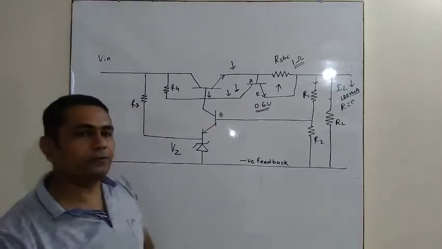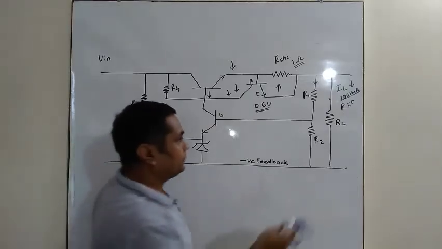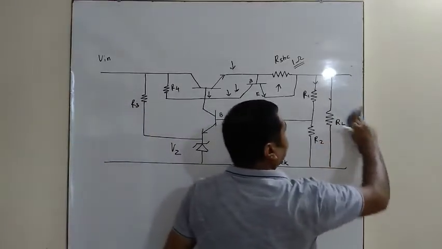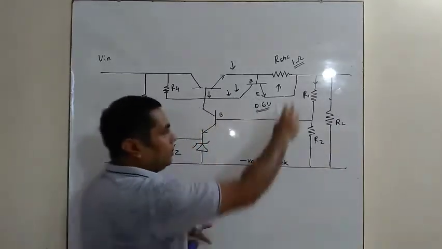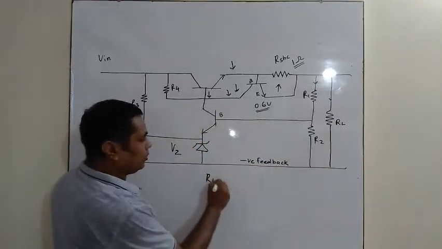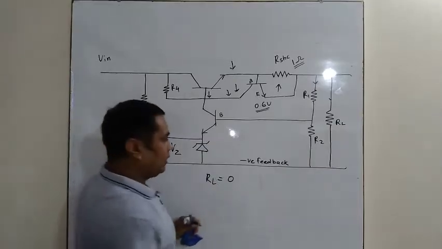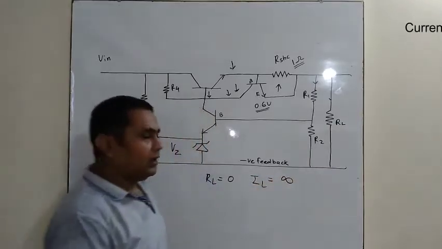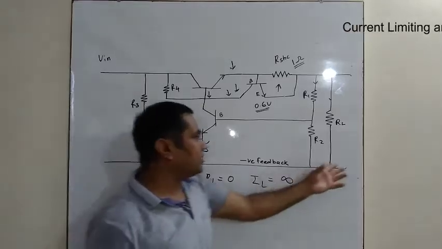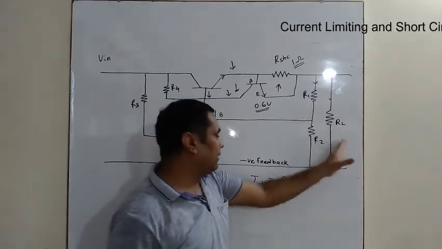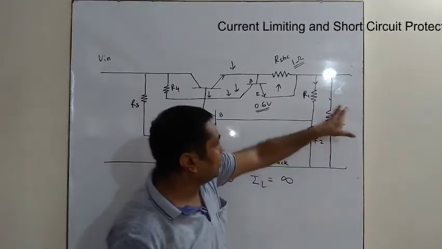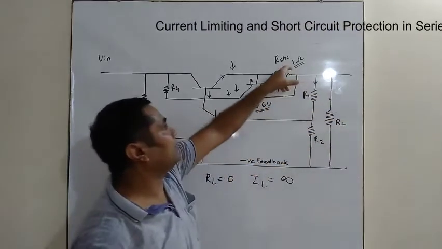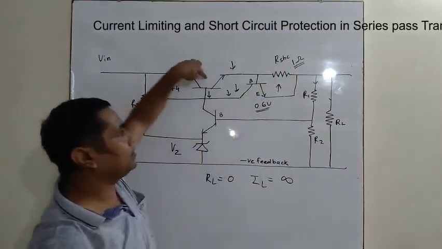Now the second thing: if a short circuit occurs, what will happen? If there is a short circuit, then the load resistance will become 0 and it will increase the current up to infinity. At the moment when the short circuit happens, the load current will first flow through the resistor and then to the power transistor.